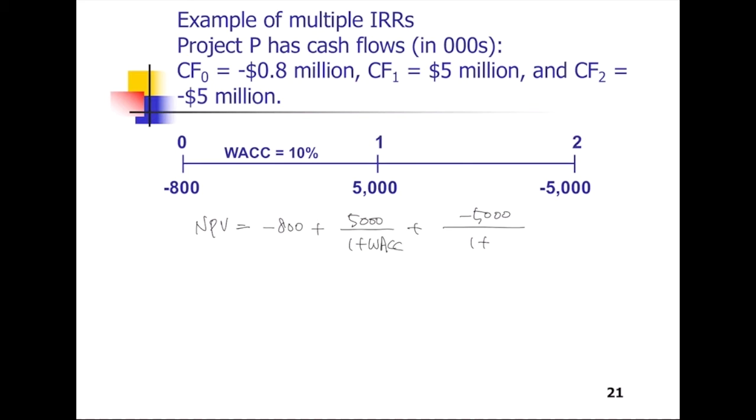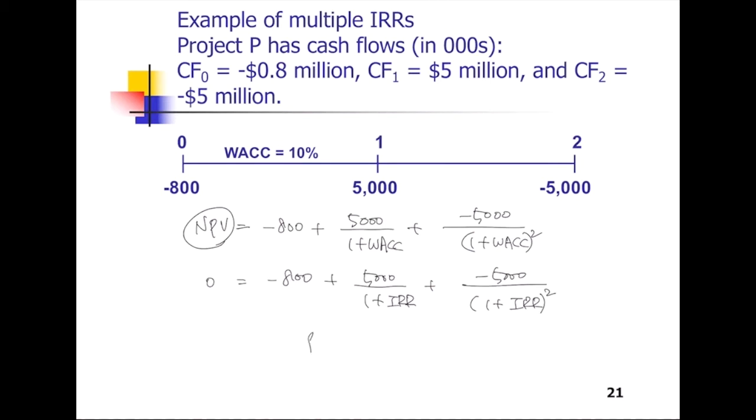WACC, right? To the power of 2. But now we want to calculate IRR, so the NPV changes to 0. What is the discount rate? IRR, right?